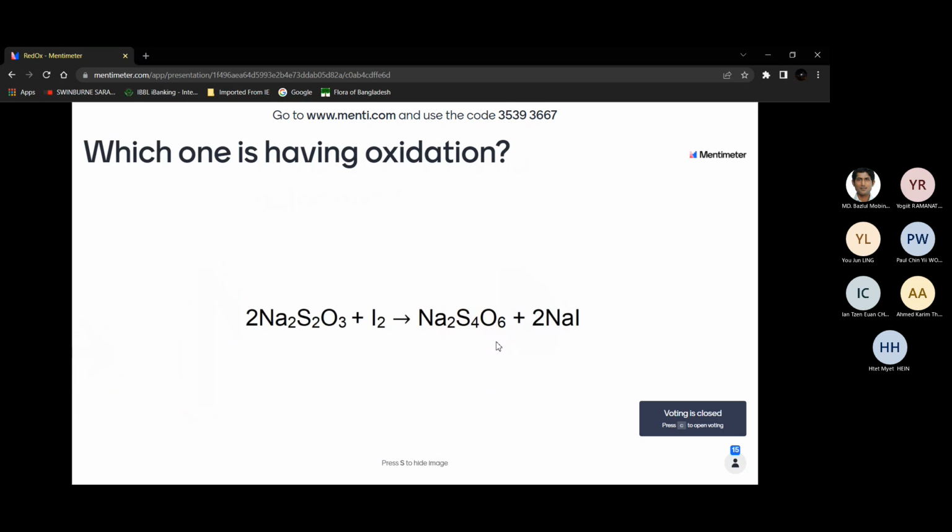So let's see. Sodium iodide: iodine is going from 0 to -1. Sodium here was +1, and is still +1. So is iodine getting oxidized or reduced?